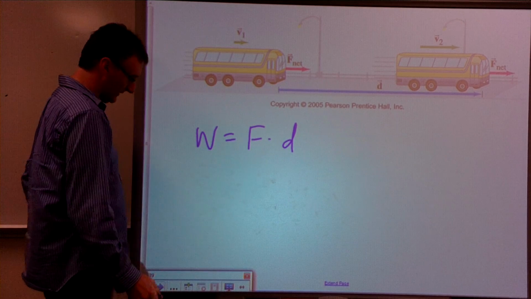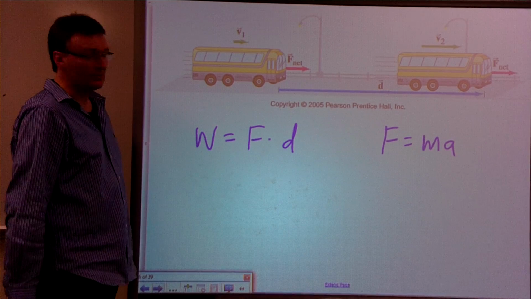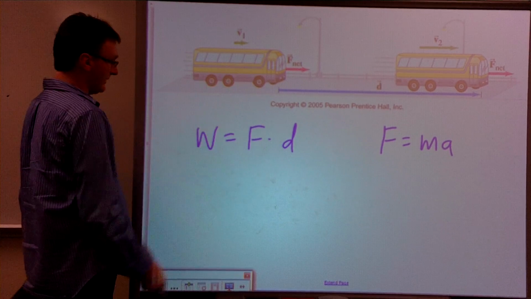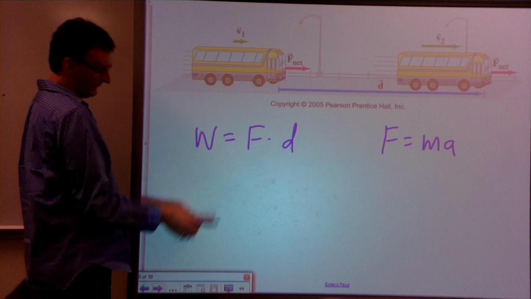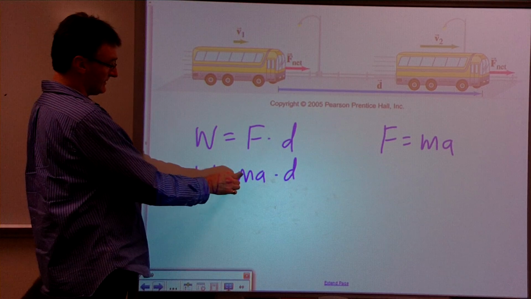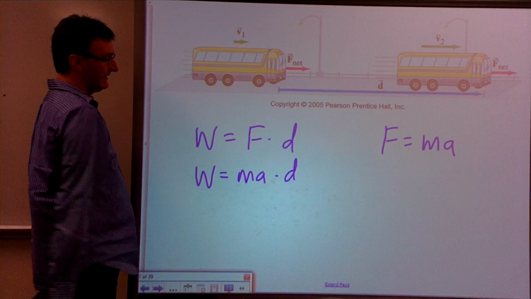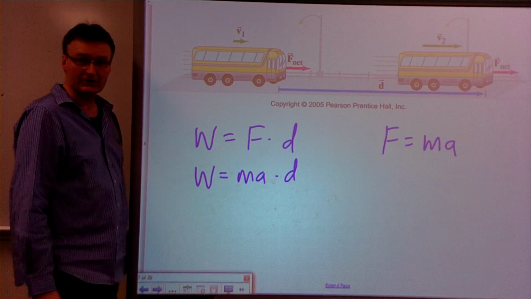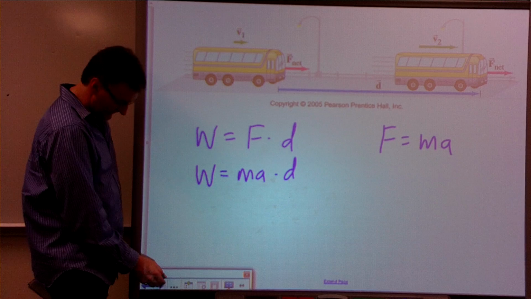that it's applied for. And we also know that force equals ma on an object, and so we can substitute that in for force, which means then that the work done on an object will equal its mass times acceleration times the distance that the acceleration acts on the object.